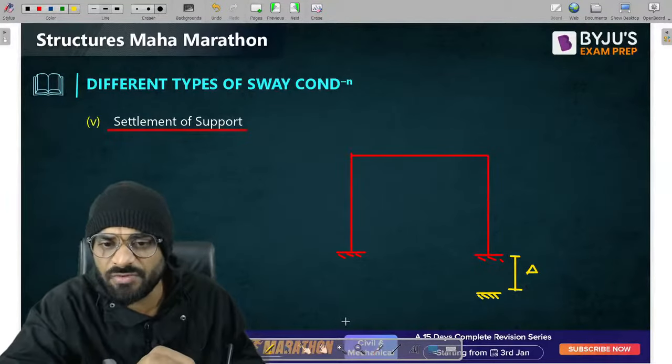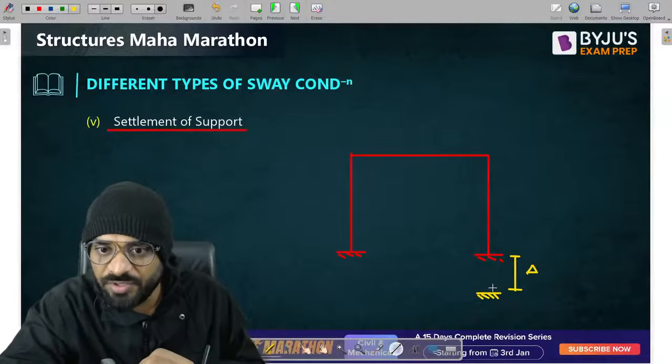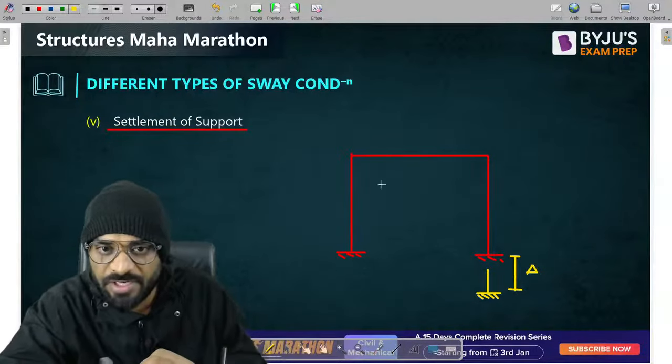Now in this case, what will happen? This column will shift in the downward direction. Now this should be our deflected shape of the structure.